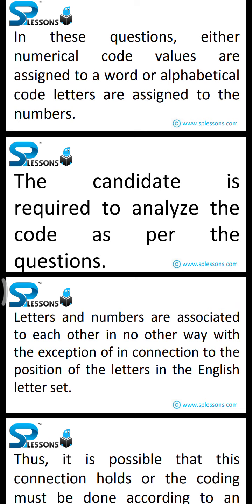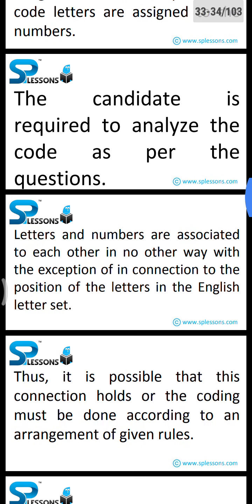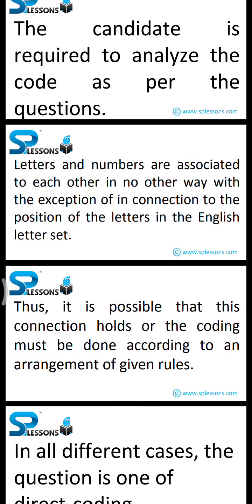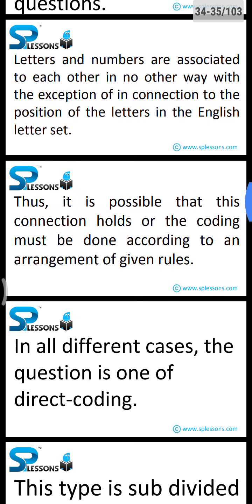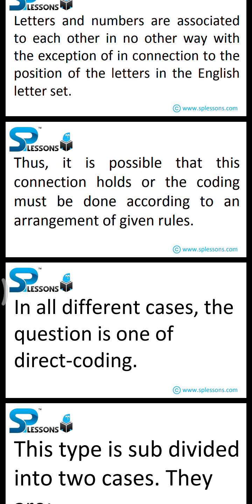Letters and numbers are associated to each other in no other way with the exception of in connection to the position of the letters in the English alphabet. Thus, it is possible that this connection holds and the coding must be done according to an arrangement of given rules. In all different cases, the question is one of direct coding.